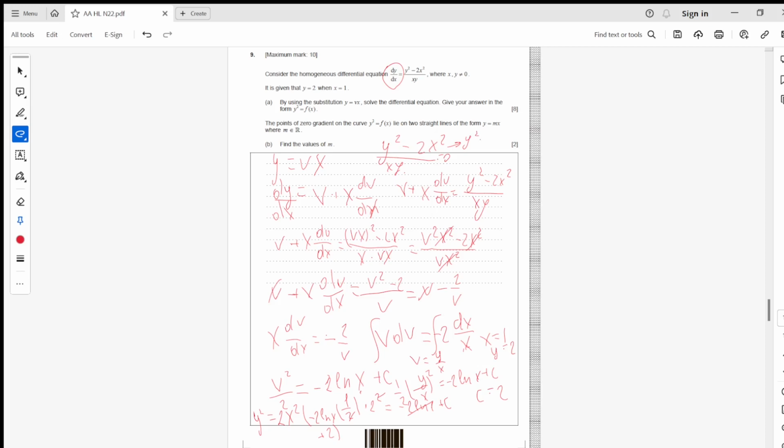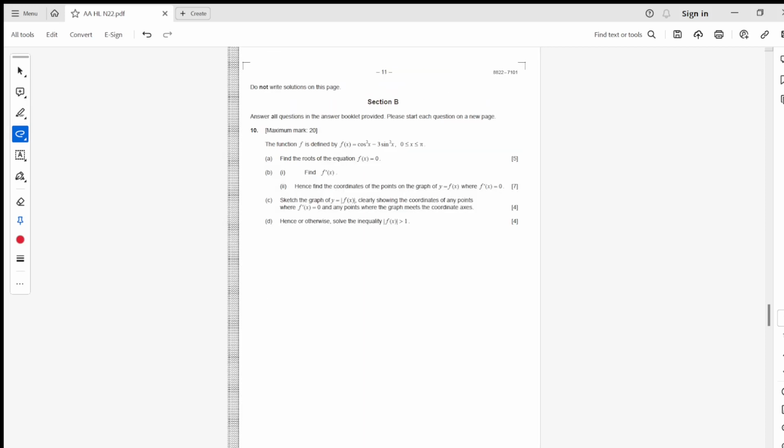And y squared is equal to 2x squared. y is equal to plus minus square root of 2 times x. And these are our values for m. Let's move on to the next question.